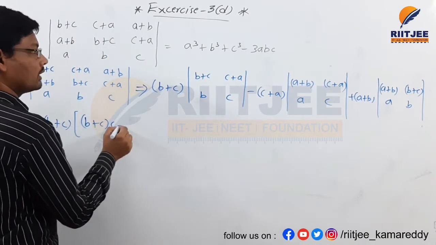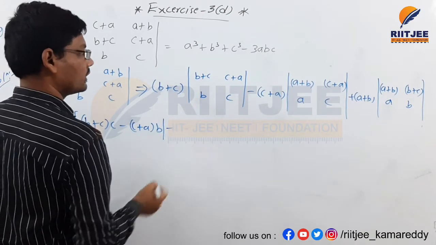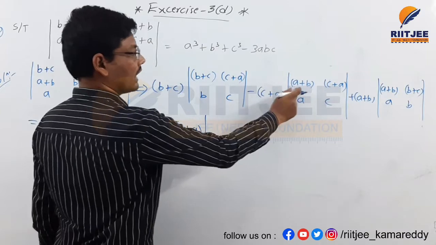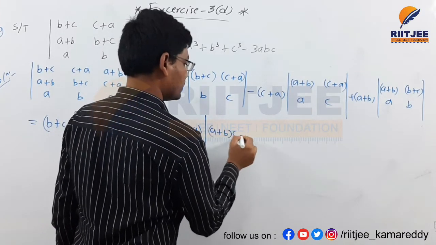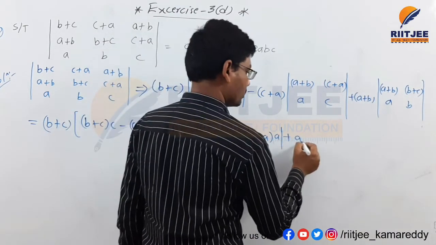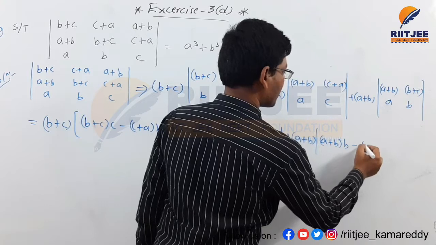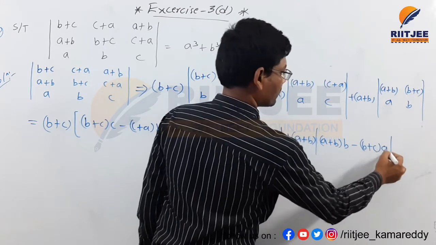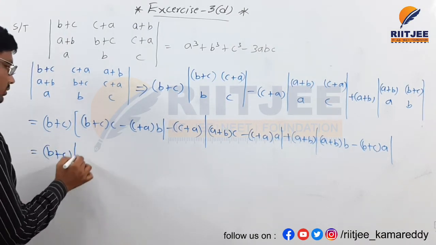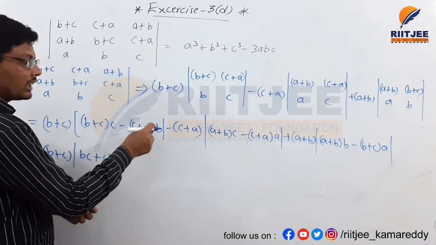B plus C into C minus of C plus A into B, C plus A, this is the bracket for this one, C plus A into A plus B into C, A plus B into C minus of C plus A into A, and A plus B into B, A plus B into B minus of B plus C into A. This is the final multiplication here, and B plus C into BC plus C square minus of, I am removing the bracket as well as multiplying here.